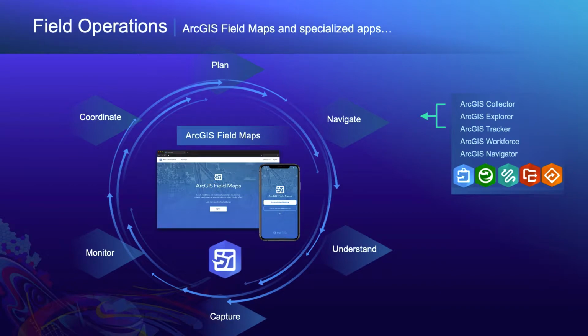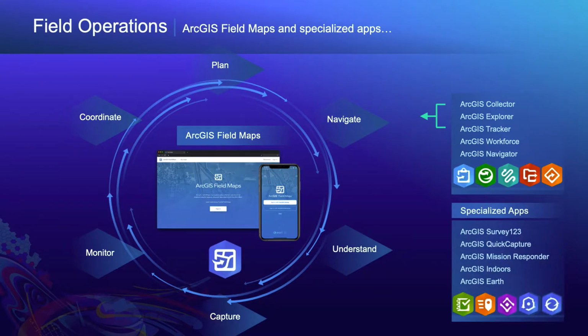Field Maps brings map viewing, data collection, and location tracking all together in one app. We also have other specialized apps like Survey, Quick Capture, Mission Responder, Indoors, and Earth, which enable even more of your workflows.